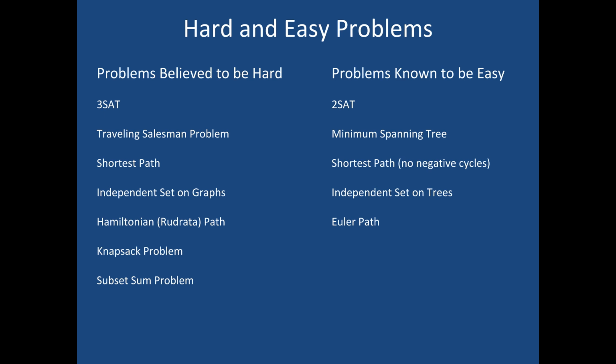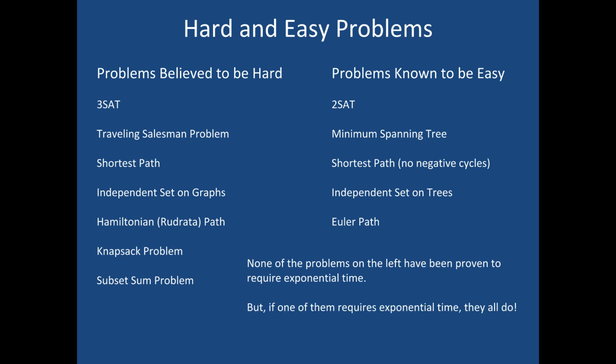But there's much more evidence than that that those problems are intrinsically hard and probably don't have an efficient solution. What they have in common is that, first of all, none of them has been proven to require exponential time. So there's no mathematical proof that they're hard. There's just sort of empirical evidence. But they all have something in common.